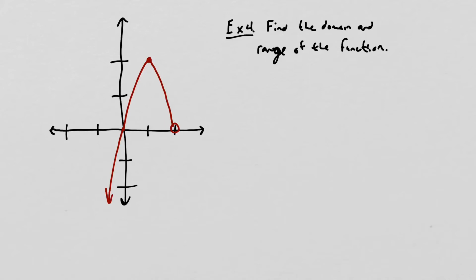So I'm going to go ahead and write where all the x values define a number on the graph using green as such. So this is going to be 2, and then all the numbers that are less than 2 define some number on the graph.